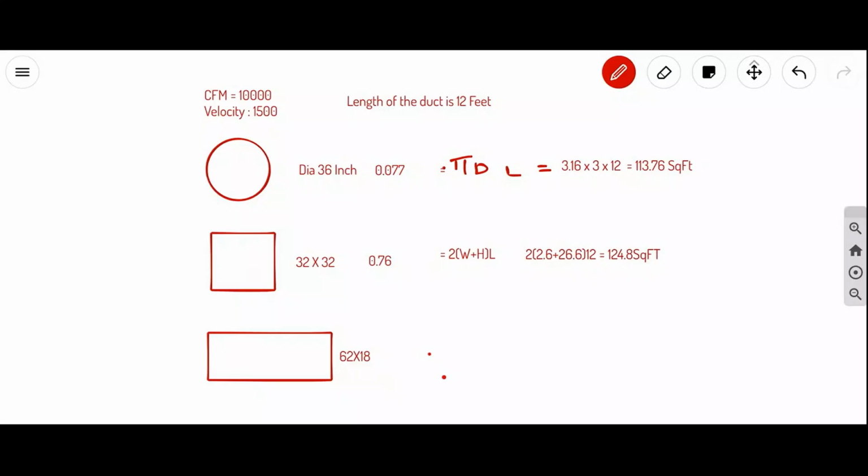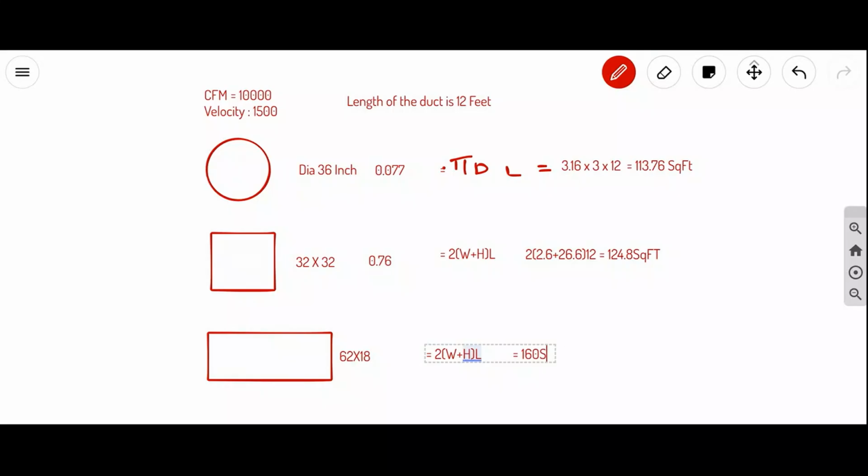Next, same like that. 2 into width plus height into L. So 62, 160.